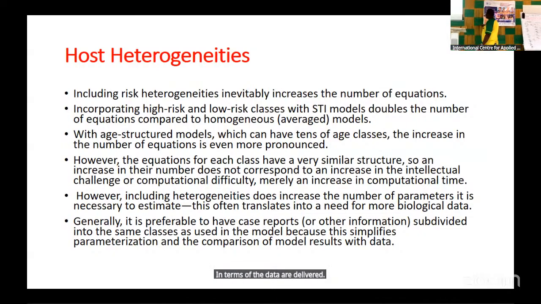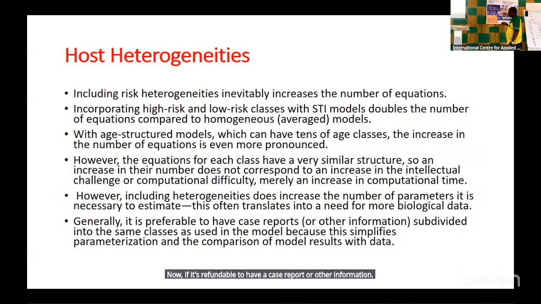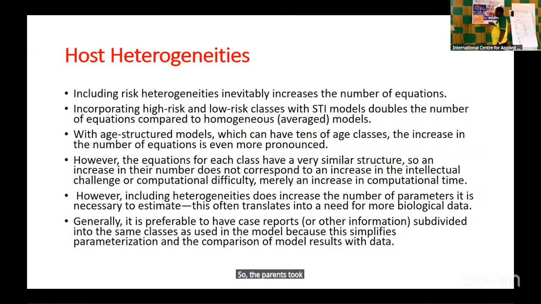Now, generally, it is preferable to have case reports or other information subdivided into the same classes as used in the model, because this simplifies parameterization and comparison of model results with data.